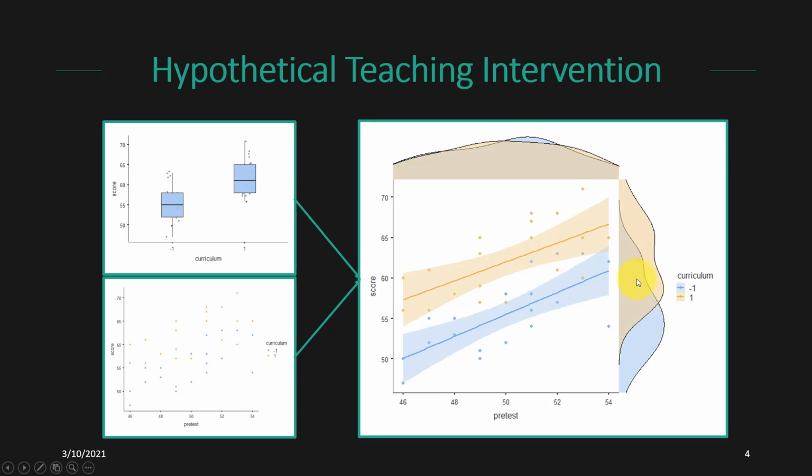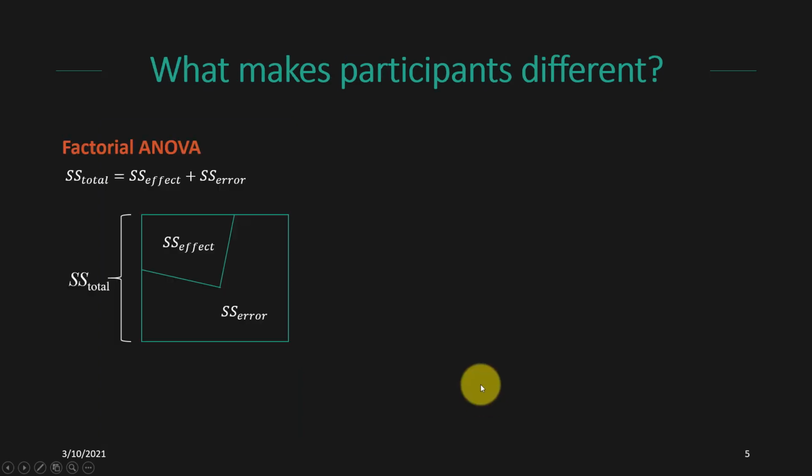Similarly for the control group, all of the variability in this group that could be explained by what your pretest score was is just getting lumped into the standard deviation. So we're making our data look more variable than they actually are if we ignore the relationship between post-test scores and pretest scores. So how do we actually achieve this in practice?